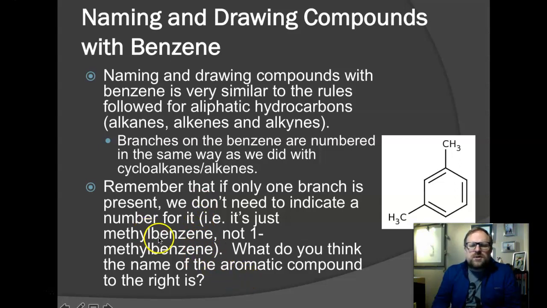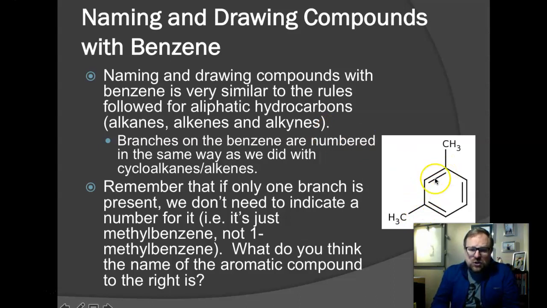So we're just going to call it methyl benzene. If you imagine this is a dimethyl benzene, but this branch is not here, then this becomes a methyl benzene. We don't have to say one methyl benzene. We'll just assume that we're going to number the carbon that the branch is attached to as carbon number 1.